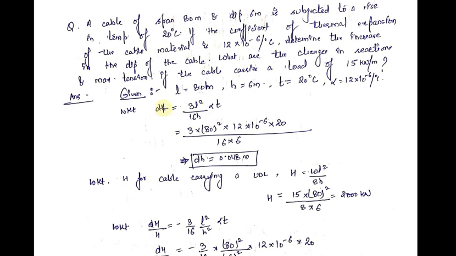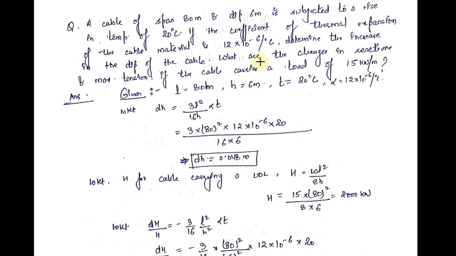So we know the formula of increase in the depth of the cable, which is 3L square by 16H into alpha L per T. After putting all the values, I will get the increase in the depth equal to 0.048 meters. If I convert this into mm, it has to be multiplied by 1000, so it will become 48 mm.